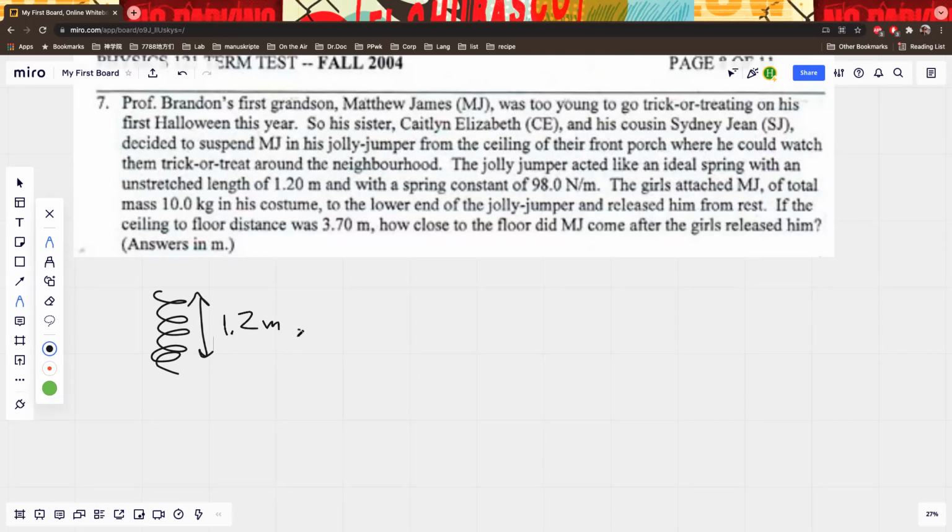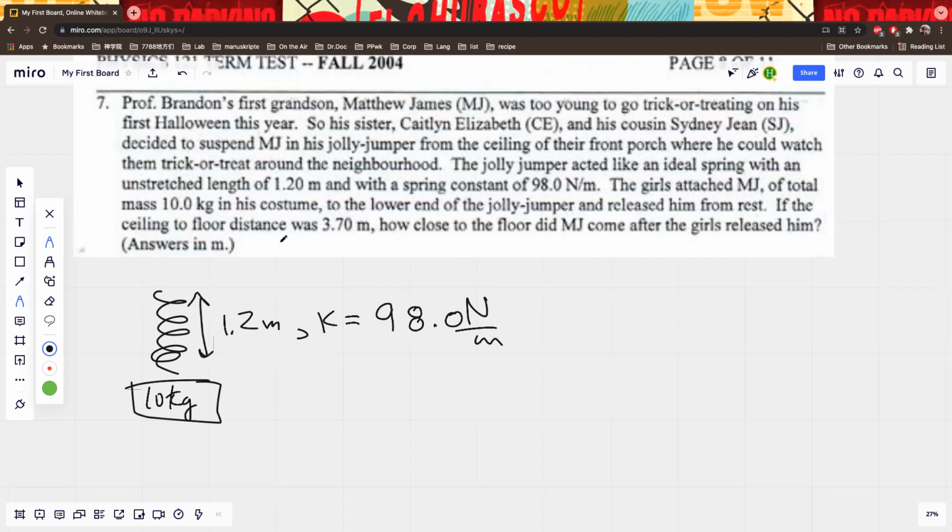And the spring constant K equals 98.0 newtons per meter. The girls attached MJ, of total mass 10 kilograms, in his costume to the lower end of the jolly jumper and released him from rest. So now there is a 10-kilogram mass at the bottom of the spring.